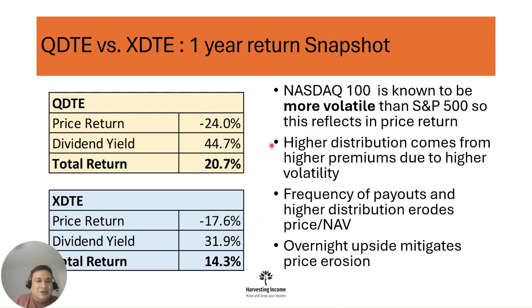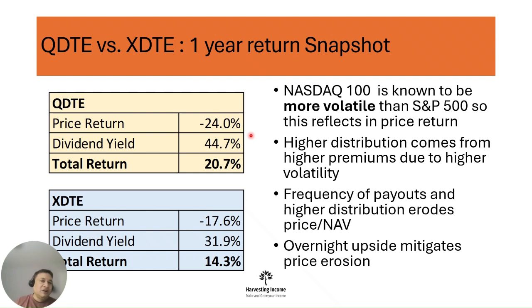So that's why you can see 24% QDTE price return and XDTE price return around 17.6%. So that clearly tells you the difference between the volatility of these two indices. QDTE moves up and down pretty fast. XDTE would be more stable.